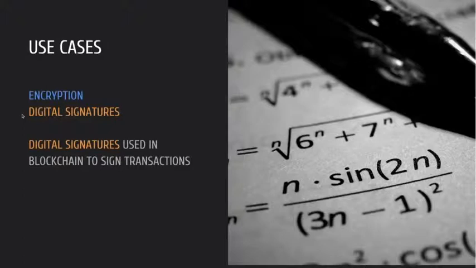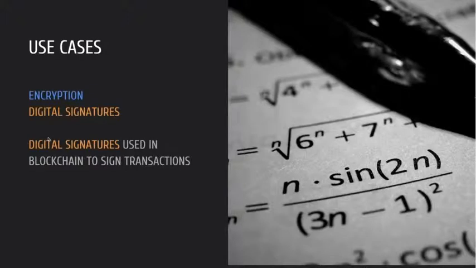Another use case is digital signatures, and digital signatures is what is used in blockchain in order to sign transactions. So for example, in Bitcoin we use our private keys in order to sign transactions before the transactions are broadcasted on the public network. And digital signatures do not encrypt the message.